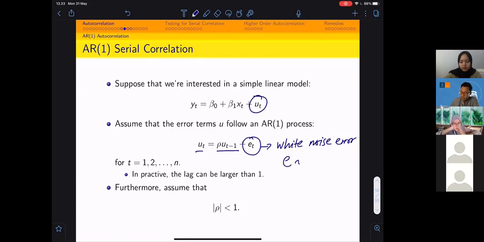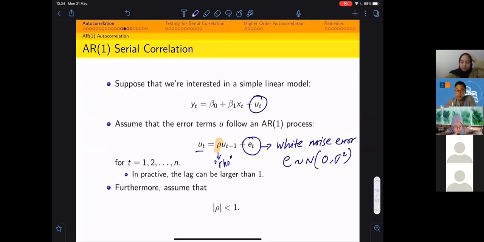The white noise error is normally distributed with mean of 0 and variance of sigma squared, so this is just pure random error. Now, what we're interested in here is actually the autocorrelation coefficient, which is depicted by this symbol rho.